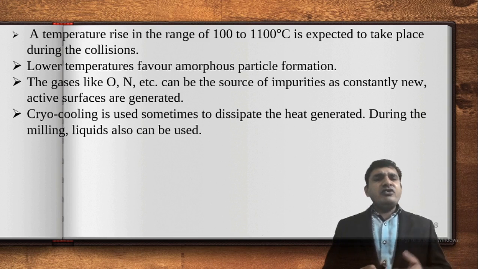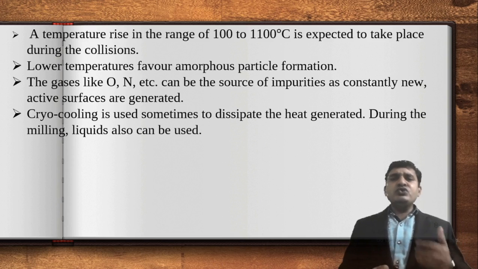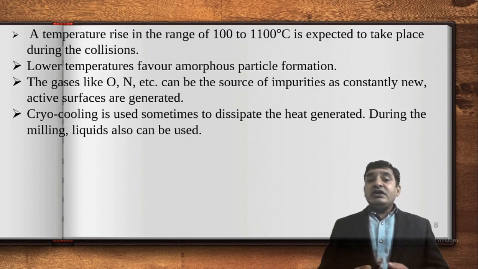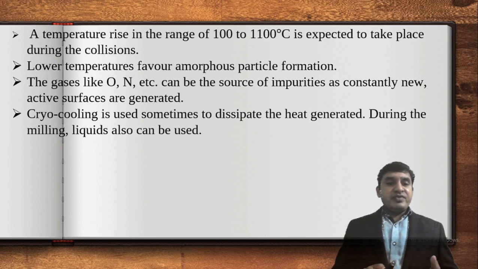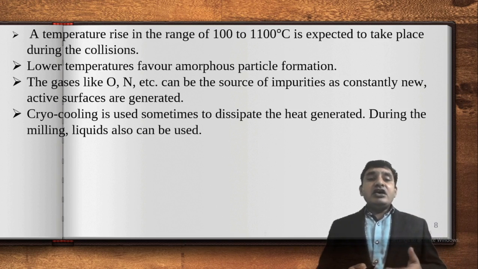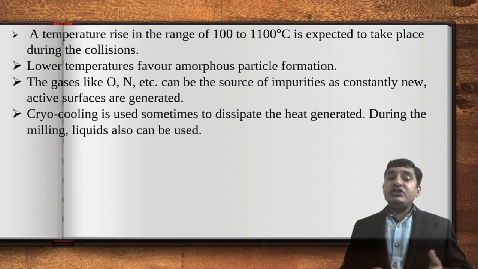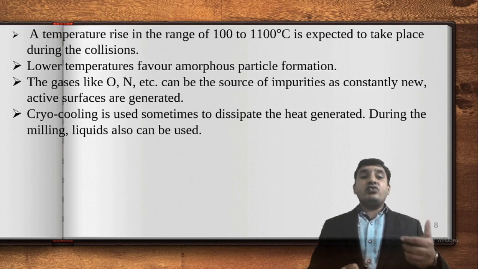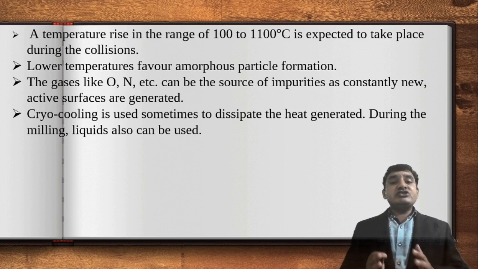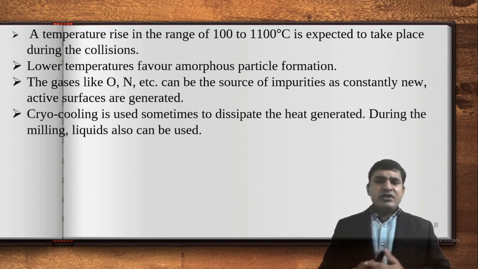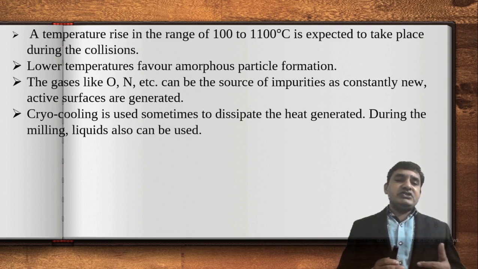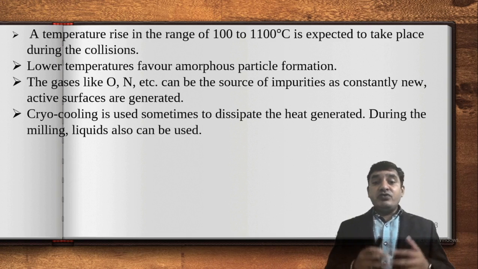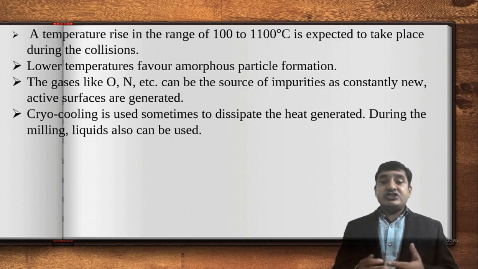Cryo-cooling is sometimes used to dissipate heat generated during the milling. Liquid can also be used as a coolant, but it is rarely used. Cooling is a method used to dissipate the heat generated.